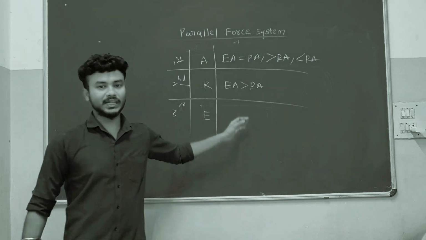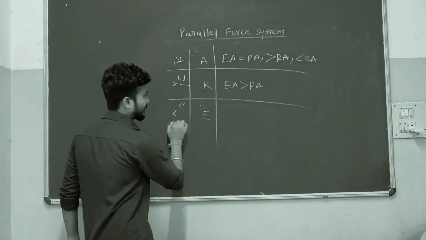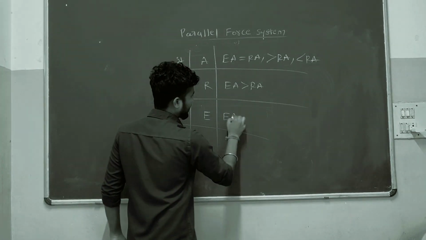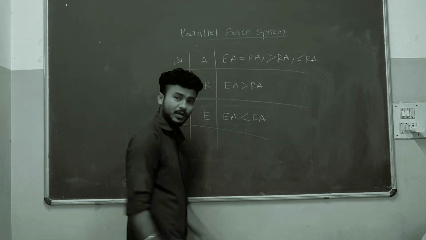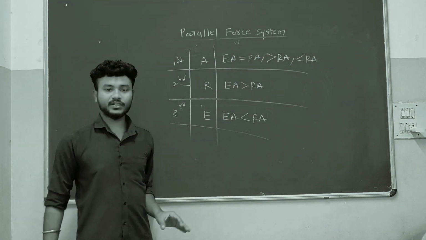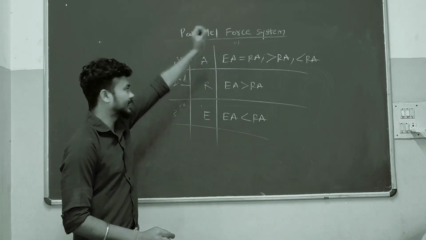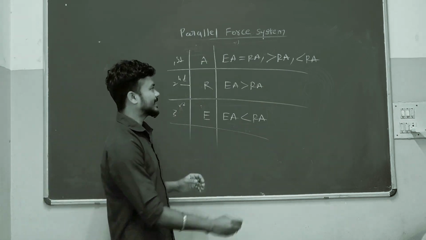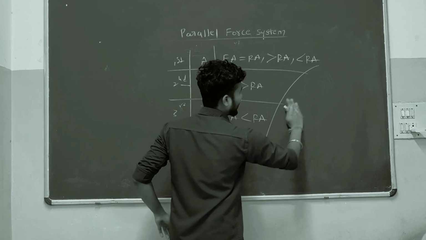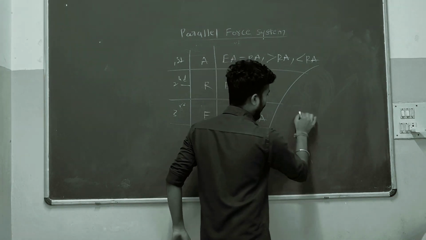In the third order lever, the effort arm is always less than the resistance arm. Okay. In these three levers, what is the use? All these three levers are going to create rotation.